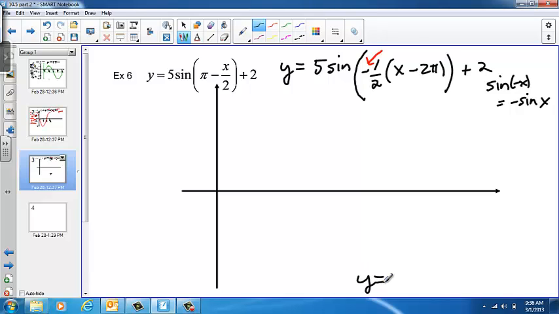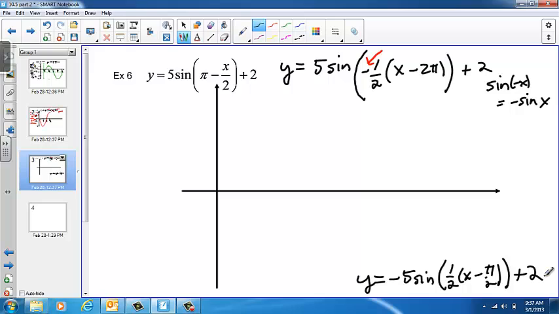Y equals, and I can bring the negative out in front, minus 5 sine, and then this just becomes 1/2 x minus pi over 2 plus 2. So that in the end, that's what we're going to want to graph right there.